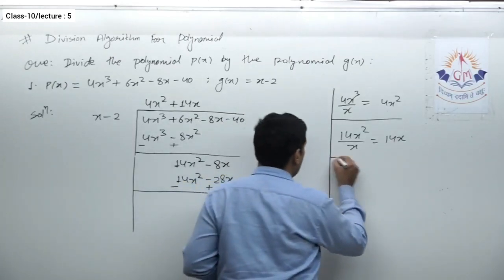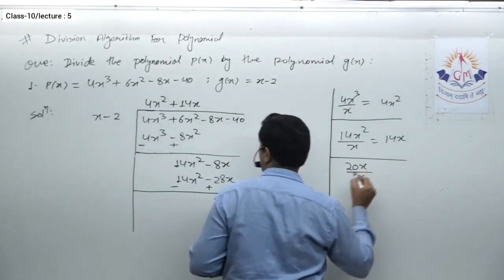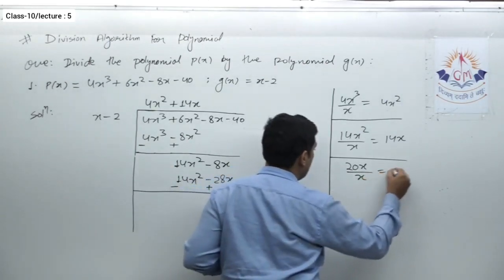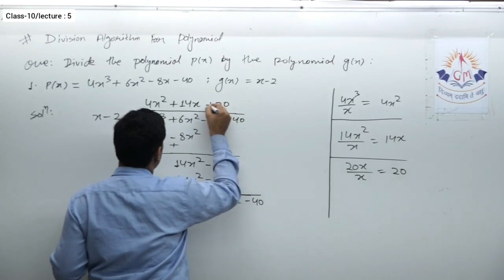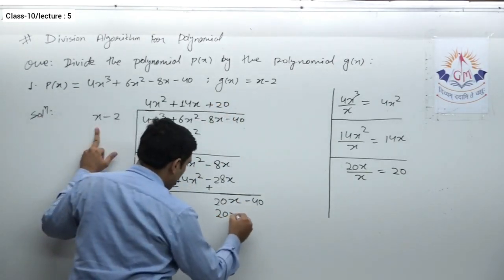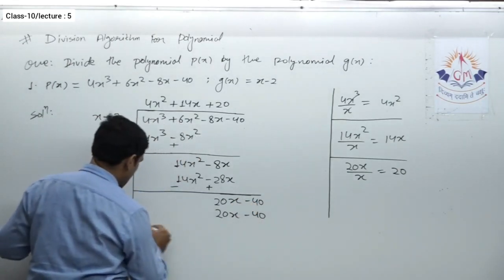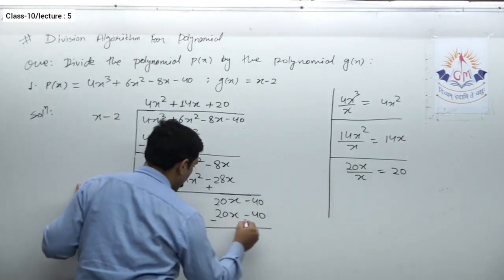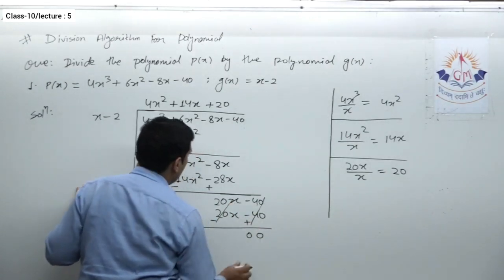That means 20x divided by x, so I get plus 20 over here. Now 20 multiplied by x gives you 20x, and 20 multiplied by minus 2 gives you minus 40. Now when you subtract this, here minus, here plus, this will cancel out, this will cancel out. So here you will get 0.